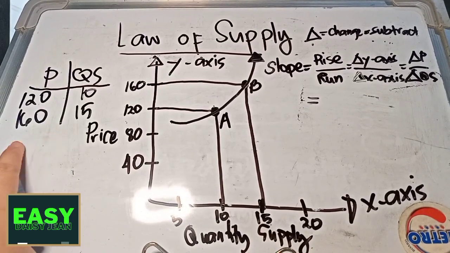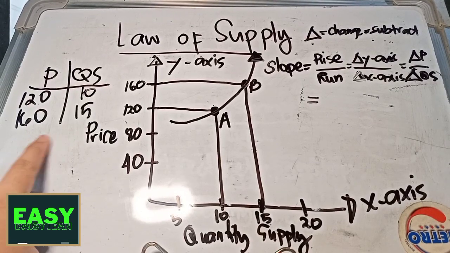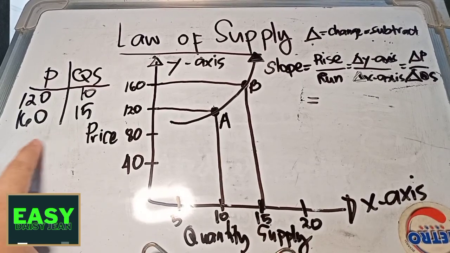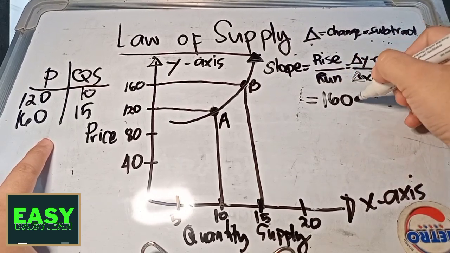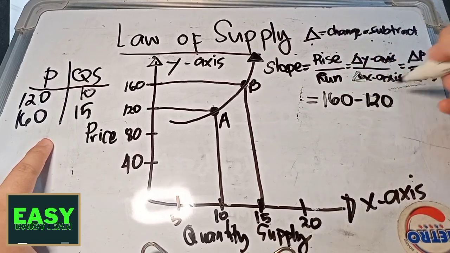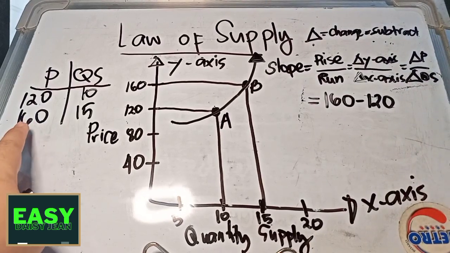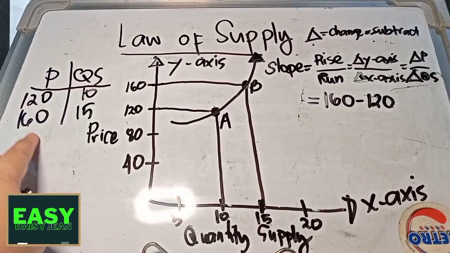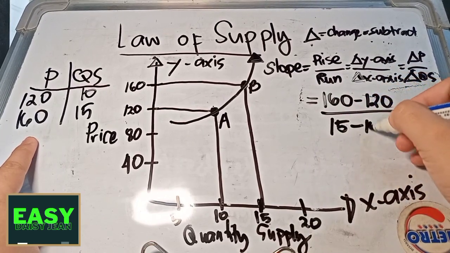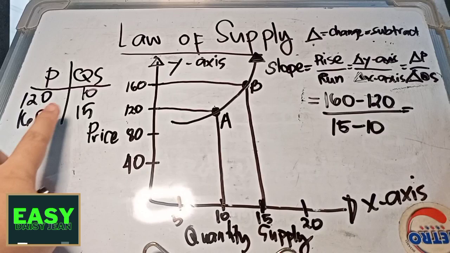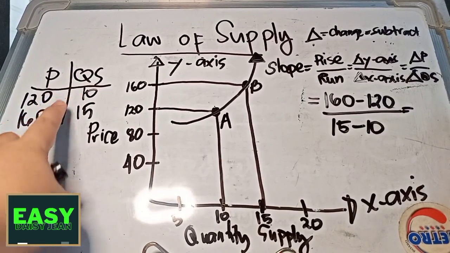Okay? Dito tayo mag-start sa given mo na nasa below. Alright? So, 160 minus 120. Yes, so as you can see, 160 minus 120 divided by 15 minus 10. Okay, so 15 minus 10.